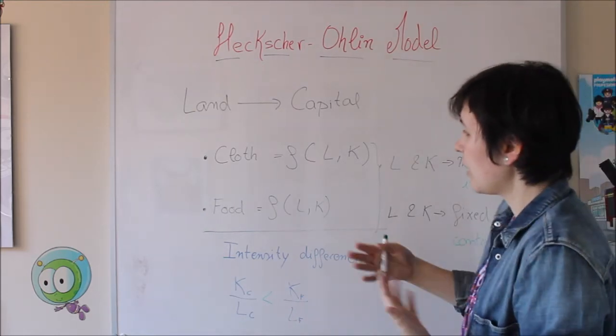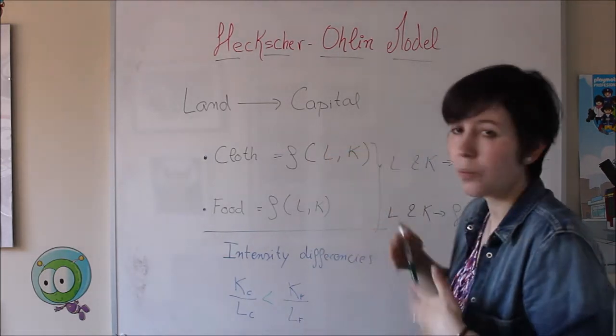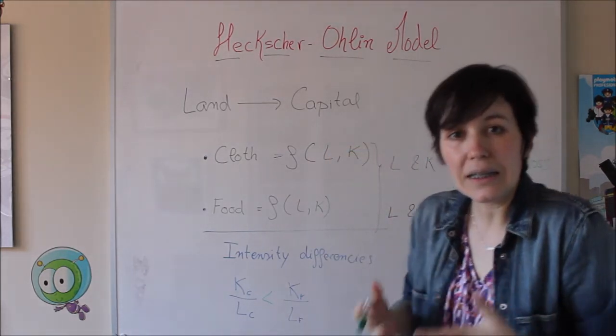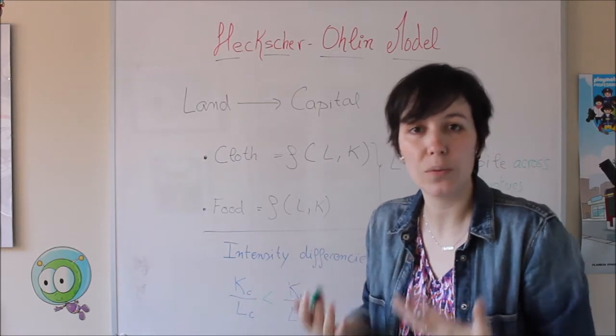What we are going to see is that even though both industries use both production factors, the intensity of each production factor in each industry is going to be different.